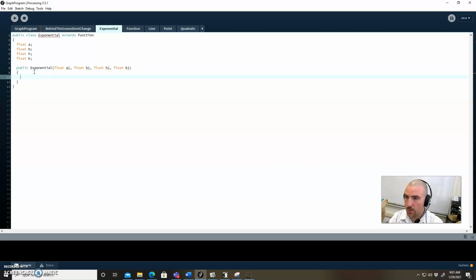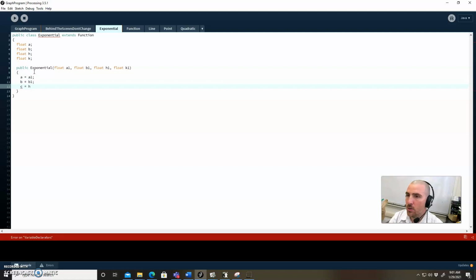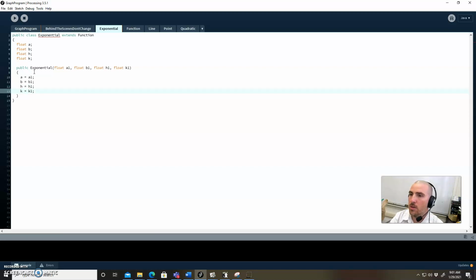But basically, we want to create an exponential just like we did in graph program by giving it 4 floats, and assigning those values, h equals h1, k equals k1. Okay, assigning those values to the fields. So we have an exponential.